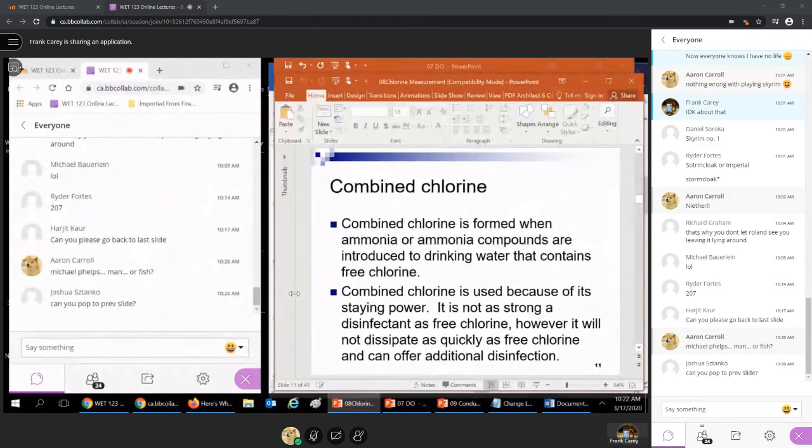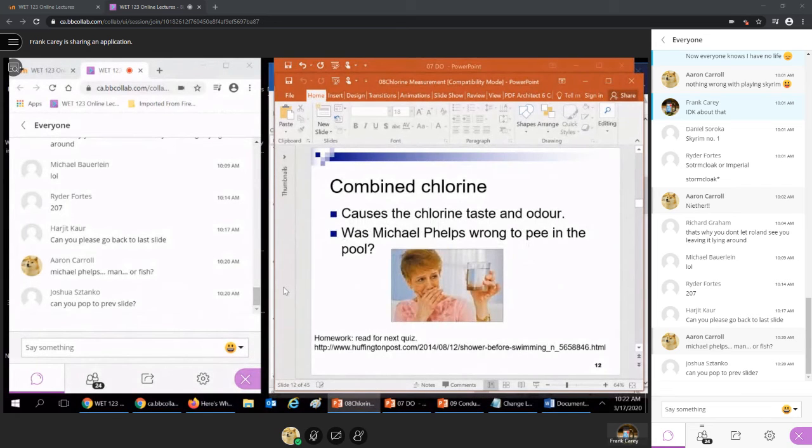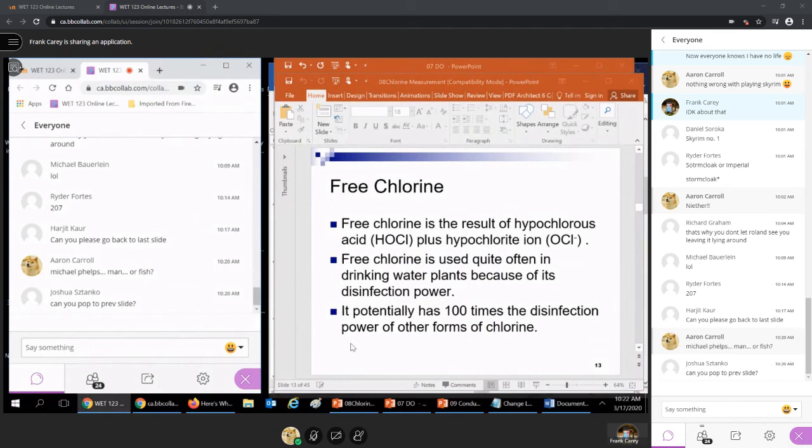Okay, I'm going to continue going. Hopefully that's enough time. So free chlorine basically is chlorine that has not combined with any inorganics or organics in the water.